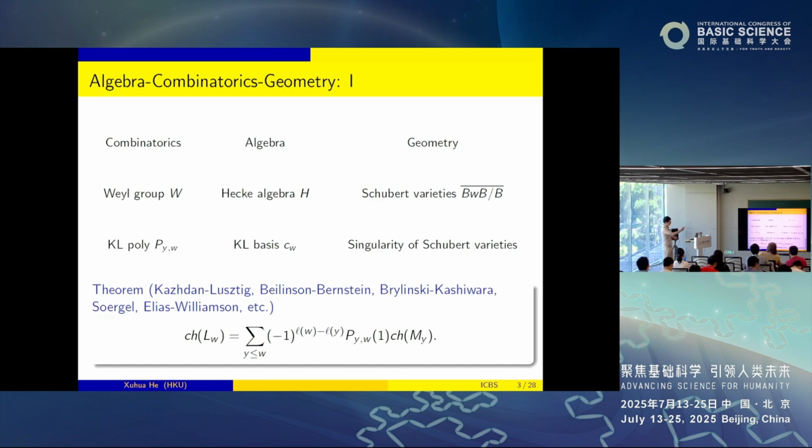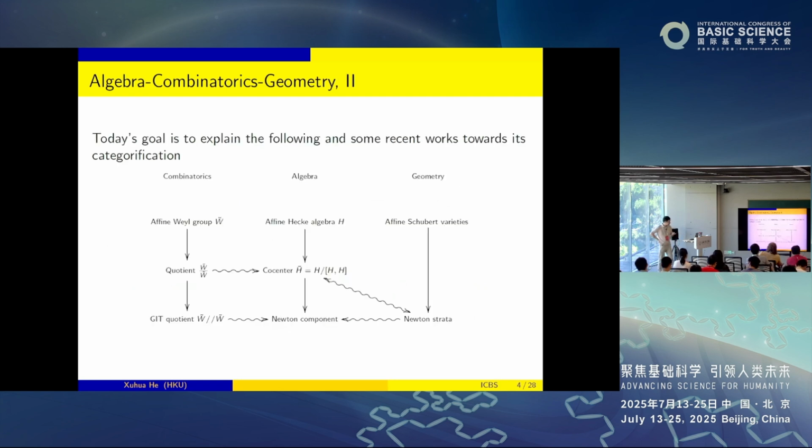In fact, this works for any Coxeter group, not only for the finite Weyl groups. But what I'm most interested in is what happens if you consider the conjugation action. In combinatorics, we consider the conjugation action, which I denote by W modulo conjugation.